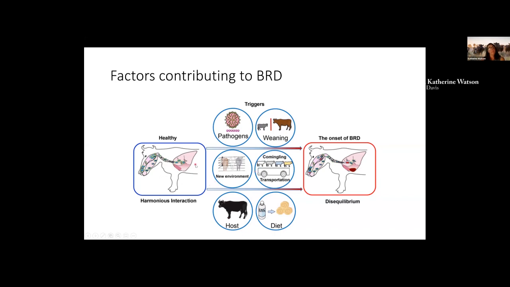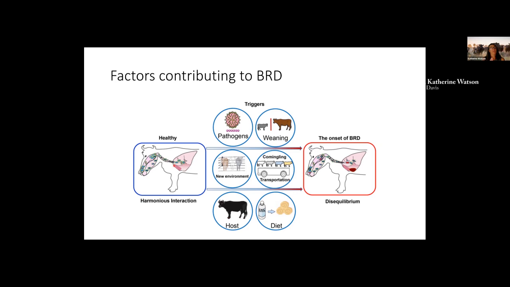So a lot of the pathogens we're going to talk about today, pathogens being both viruses and bacteria, a lot of the bacteria that they have are actually already within their respiratory system. So they're part of their normal bioflora.